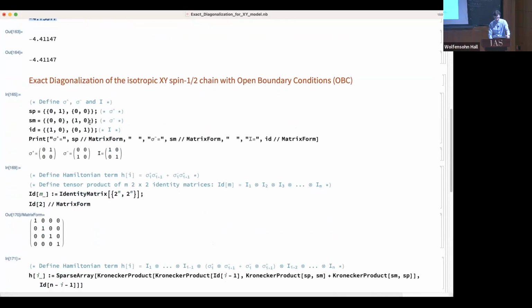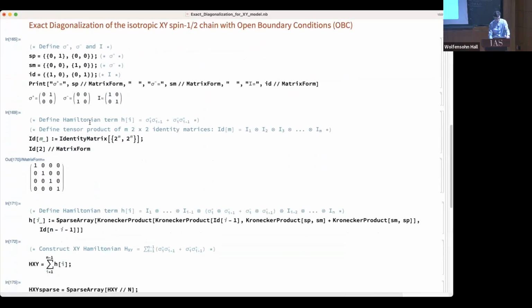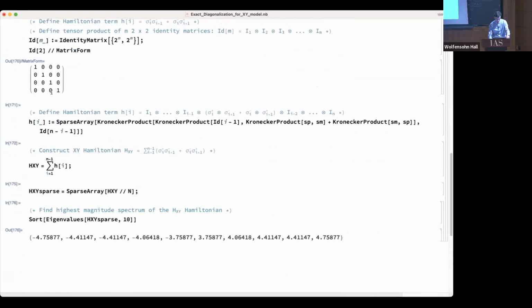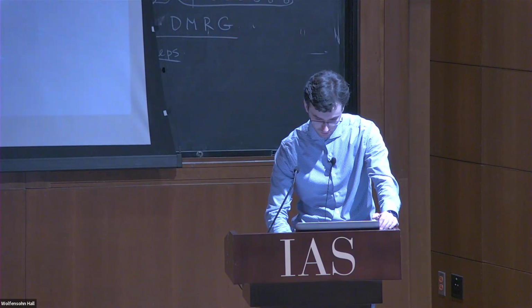So it's very useful to solve your problem using exact diagonalization, just to be sure that everything works, because DMRG is slightly more complicated, and there could be some errors in your code. Now, there was the exact diagonalization file. Now let me open the DMRG file.